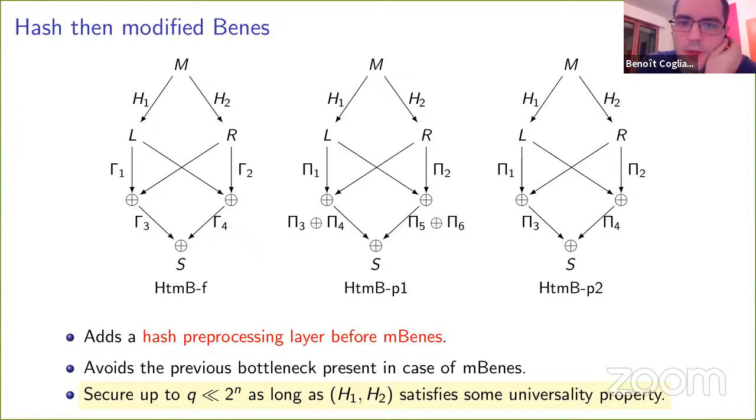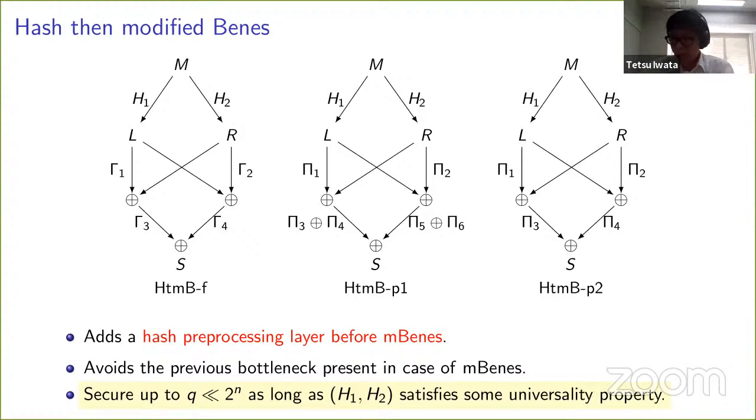Maybe it's possible by using the hash preprocessing layer. Maybe we can still prove optimal security. Yeah, it may be possible. We would have to look into this, but it will require more significant proof than what we had to do for the P1 and P2 variants, I guess. I see. Thanks.